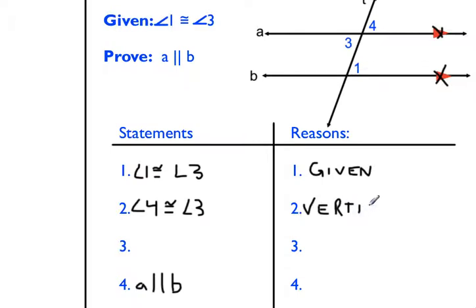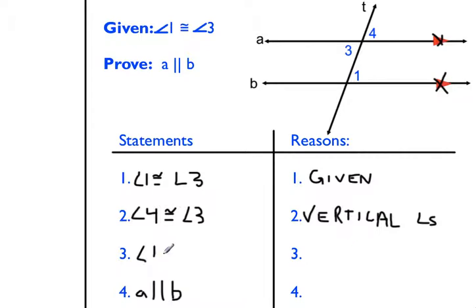And I know this cool little property that says if 1 is congruent to 3 and 4 is congruent to 3, then angle 1 must be congruent to angle 4. And that's by the transitive property. So 1 is congruent to 3, 3 is congruent to 4. Therefore, angle 1 is congruent to angle 4. And the reasoning for that is the transitive property.